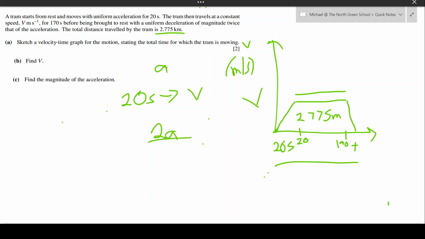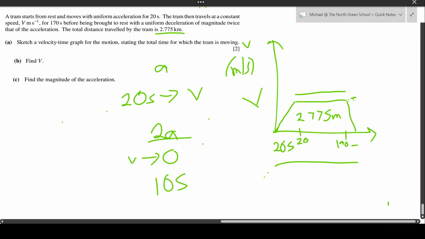It's trying to get from speed v to speed 0, and it's doubling that deceleration, so it's slowing down twice as fast. Well, instead of taking 20 seconds, it's going to take 10 seconds. So the time taken to slow down should be an extra 10 seconds.